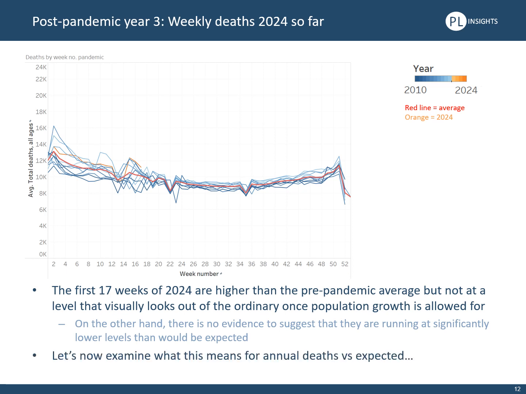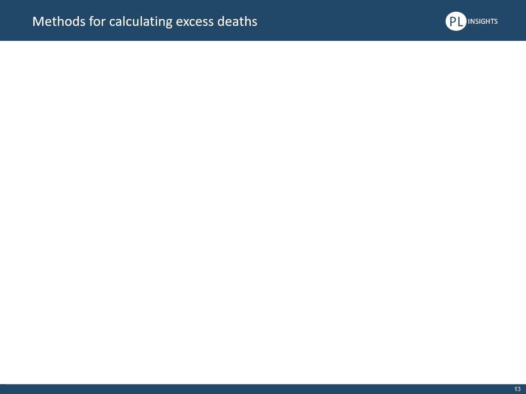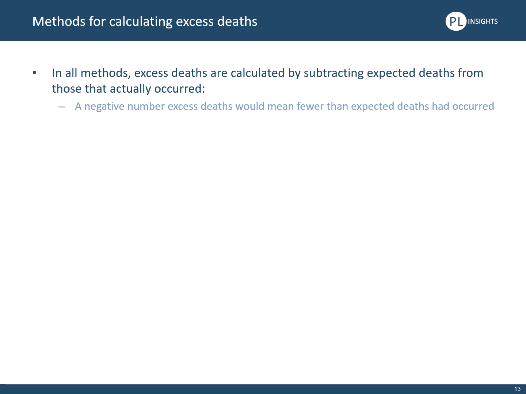during that period. So now let's examine what this means for annual deaths versus the expected deaths over the COVID and post-COVID periods. So before we look at the different methods in play, I guess we first ought to define what we mean by excess deaths.